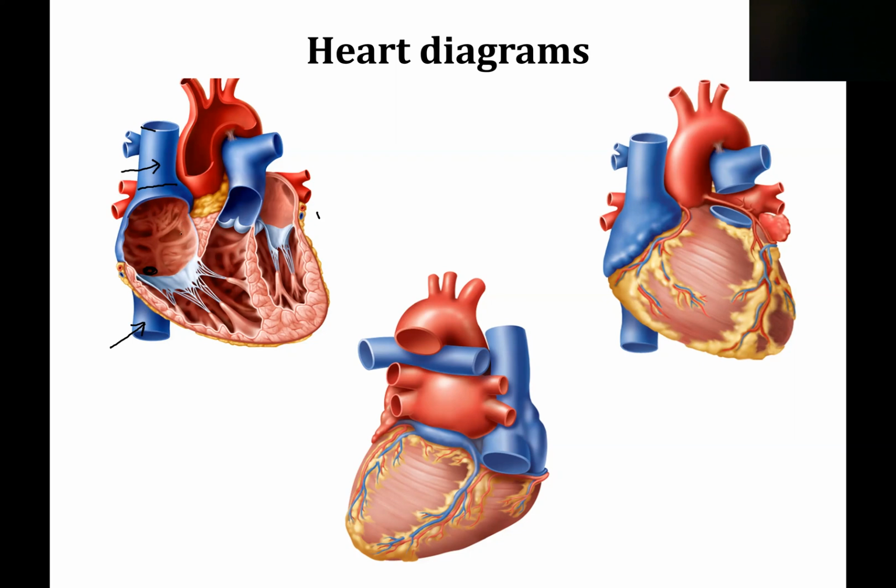Now your next structure is not visible in this diagram. And that's the coronary sinus. But it's the third vessel that empties into the right atrium.